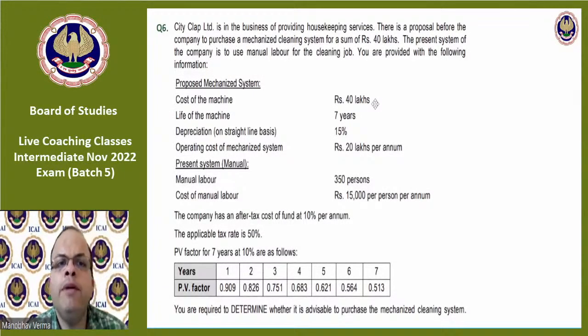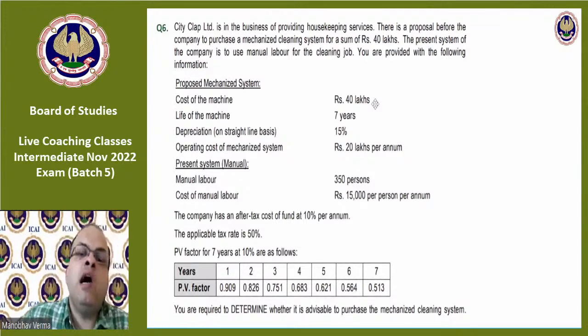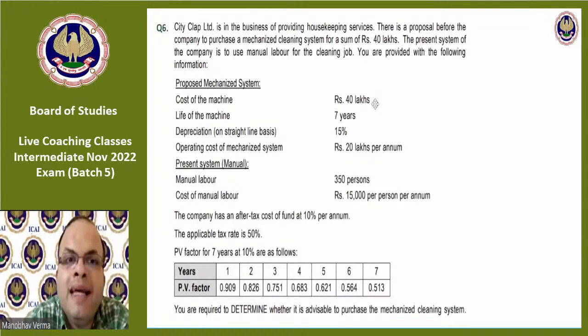Now, City Clap Limited is in the business of providing housekeeping services. There is a proposal before the company to purchase a mechanized cleaning system for a sum of 40 lakhs. The present system of the company is to use manual labor for the cleaning job. So the present system is manual labor, and we are talking about a mechanized automation.